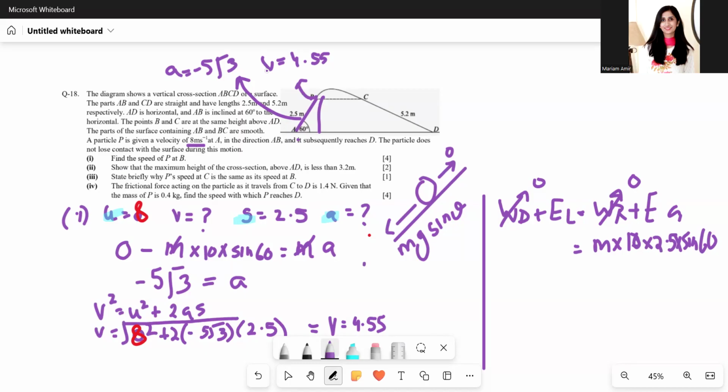And for loss of energy, we're going to write half times m times bigger speed, which is 8 squared, minus smaller speed, which would be v squared. m and m can cancel, and you should get the same value of v, which is 4.55 meters per second.